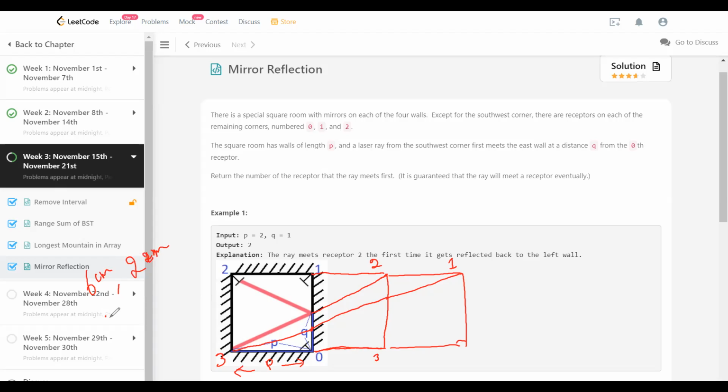Instead of that, what if I reduce this into 3 units and 1 unit? 1 unit here is essentially 2 centimeters. So we are dealing with the same length, just that the unit of length is different, right? That should be okay. That's why if you have both of them as even, we can easily just divide both of them by 2 and reduce it.